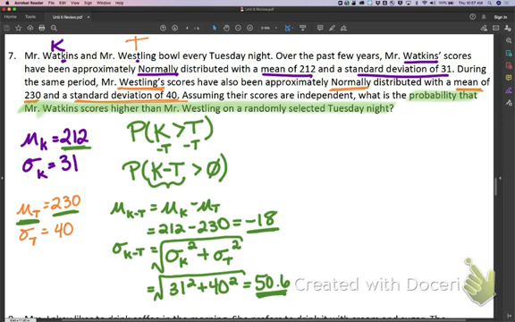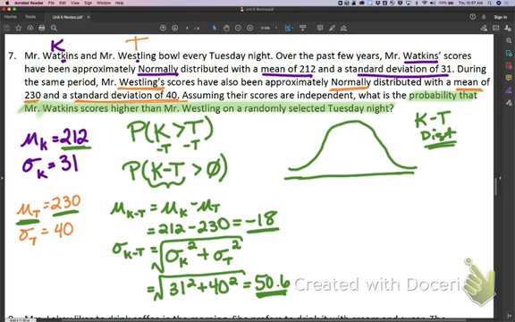This brand new distribution is approximately normal because both of the original distributions were normal. This is the K minus T distribution, the combined distribution of K minus T. The mean of K minus T is negative 18.